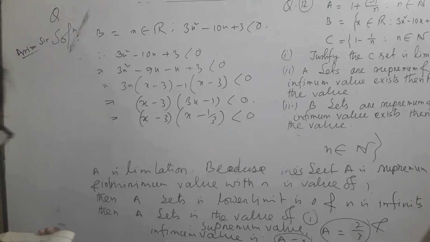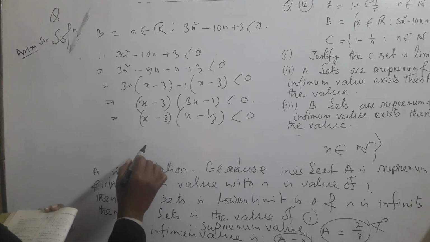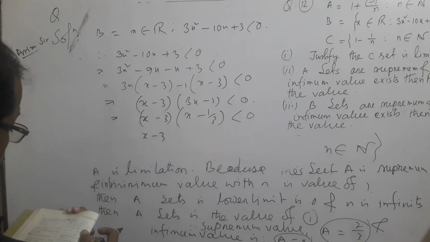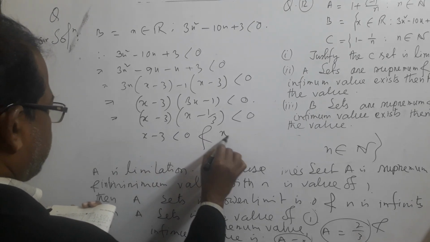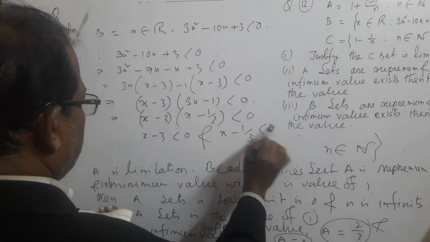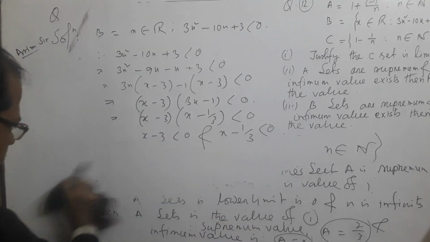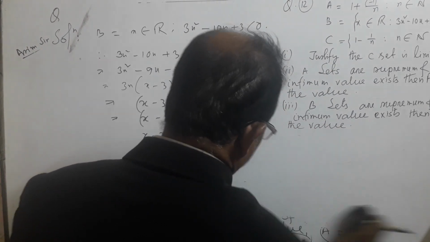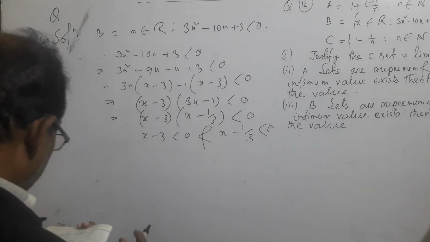So x minus 3 is less than 0 and x minus 1/3 is greater than 0. This is so important and easy math. I think you have to be clear on it.